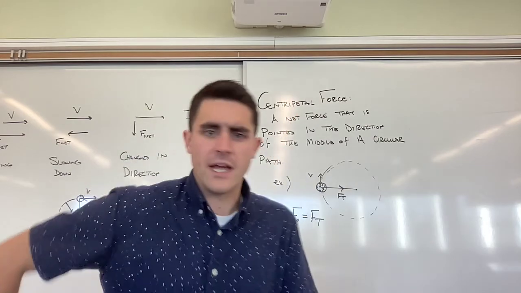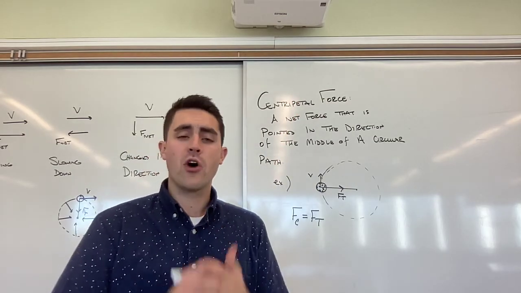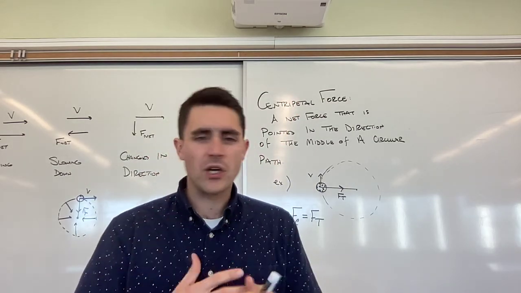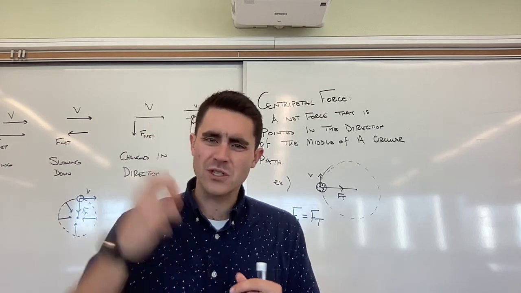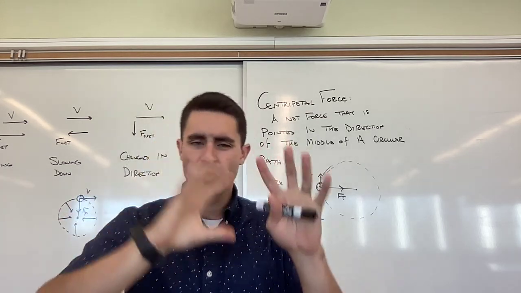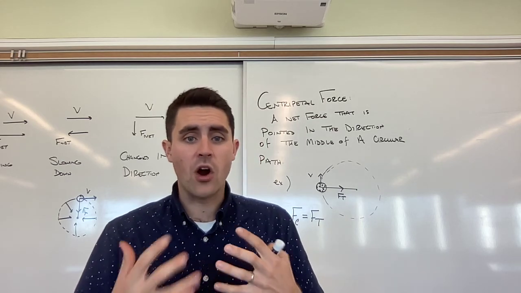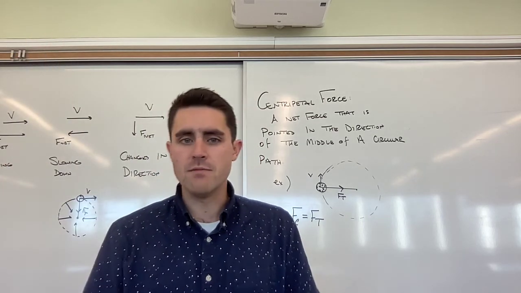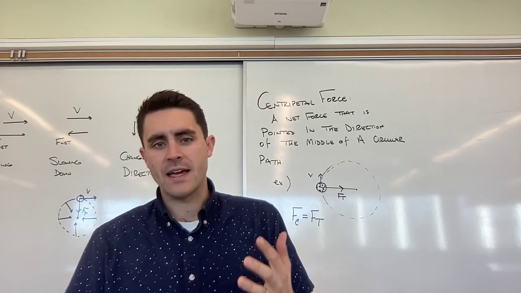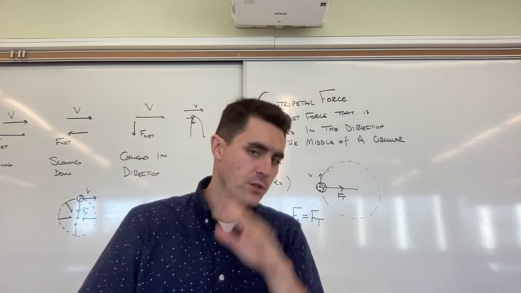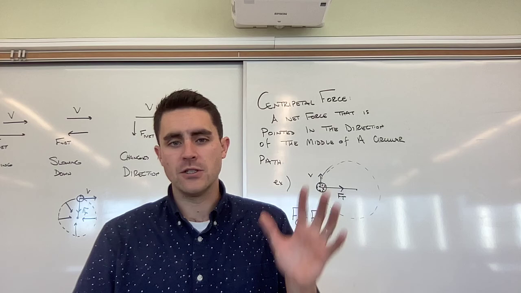Now, if I went ahead and thought about the moon in orbit around our Earth, a tension force doesn't hold our moon in its roughly circular orbit. Rather, gravity does. The weight of our planet attracts the weight of the moon. So gravity, in that case, would be the centripetal force through that roughly circular orbit.